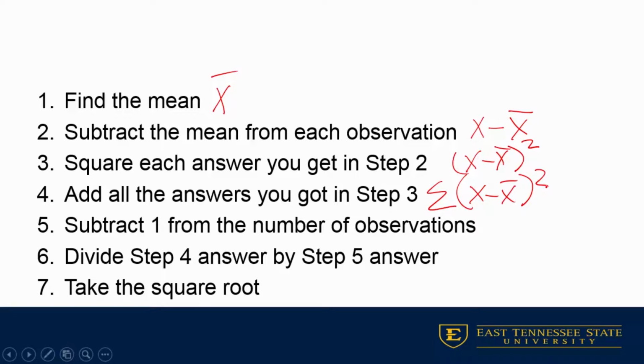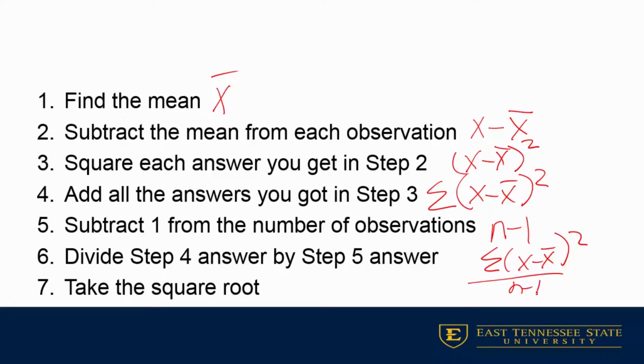Subtract 1 from the number of observations. Remember, n is our number of observations. Subtract 1. Divide step 4 by 5. So we are taking our sum of x minus x bar squared and dividing it by n minus 1.